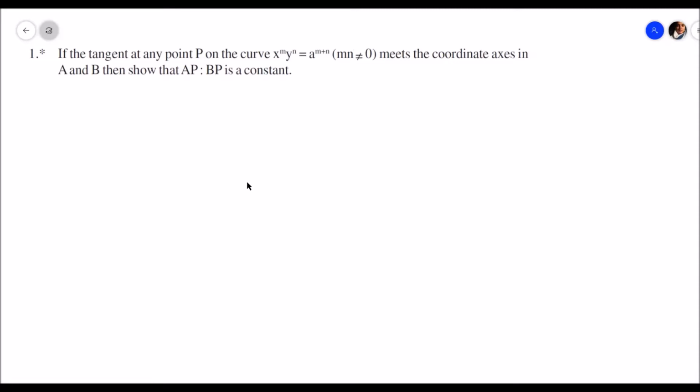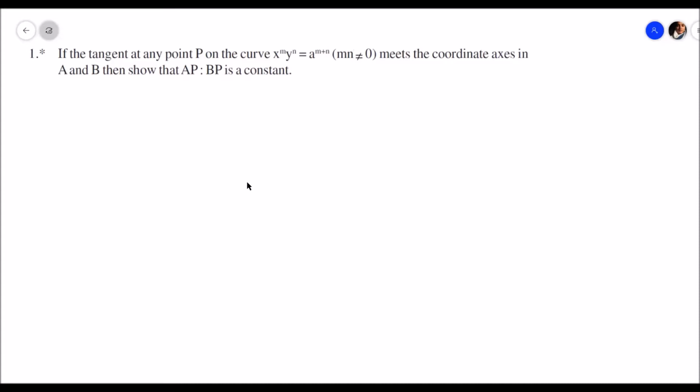So I want you to imagine a line that is meeting the coordinate axis, right? The line also contains the point P. So can you imagine 3 points, A, which is on the x-axis, B, which is on the y-axis, and P, which is on that particular line. Is that clear? Right? So having that in mind, we need to find out the equation of the tangent.